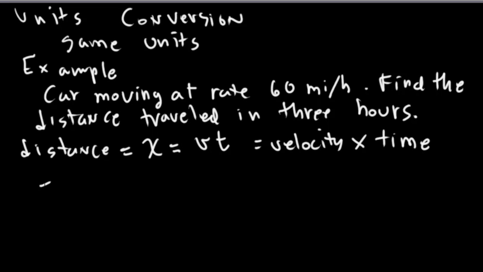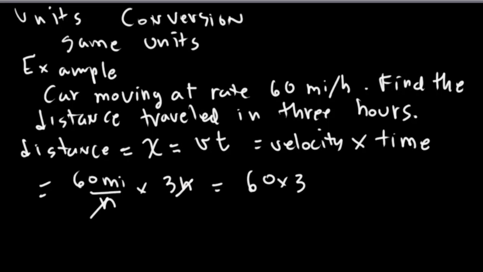So if we want to put our numbers in here, we're going 60 miles per hour, multiplied by 3 hours. So here our units cancel, and we're going to be left with 60 times 3, or 180 miles.